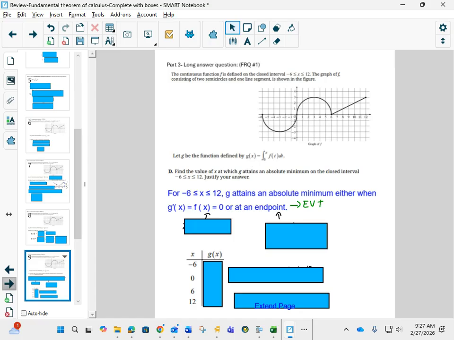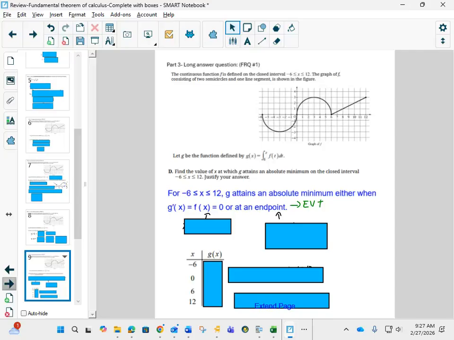From this, -6 to 12, including -6 and 12, it attains an absolute extremum either when g prime is equal to 0, which means f of x would be 0, right? Or at an endpoint because of the extreme value theorem.